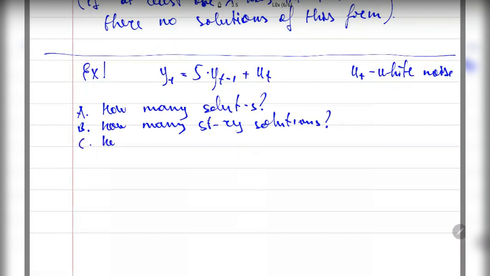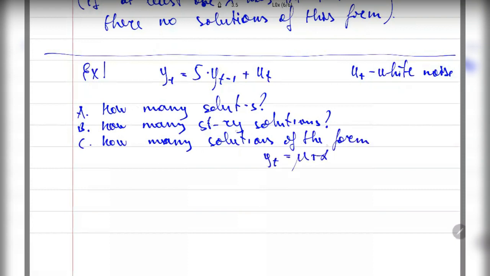Question C, how many solutions of the form y_t equals mu plus u_t plus alpha_1 u_{t-1} plus alpha_2 u_{t-2} plus so on.